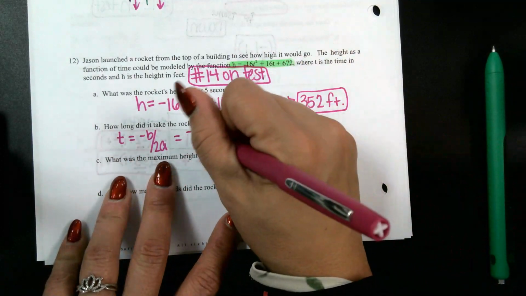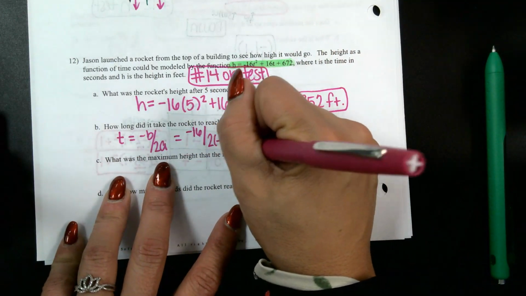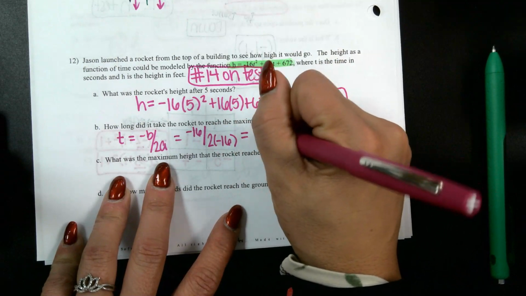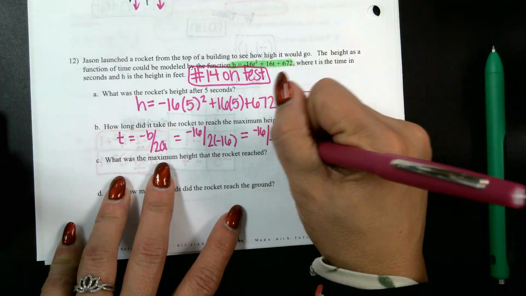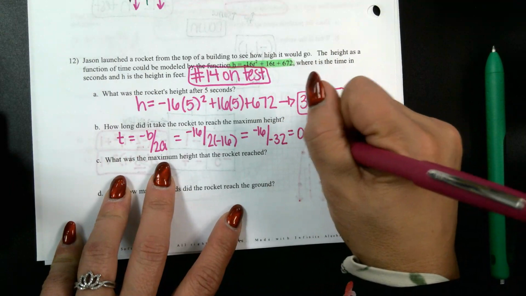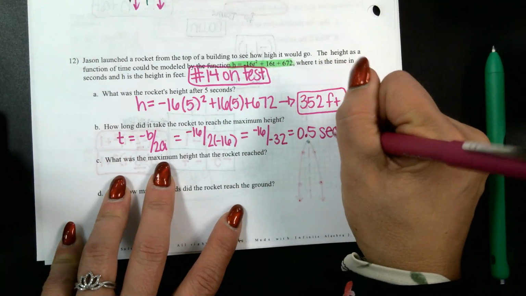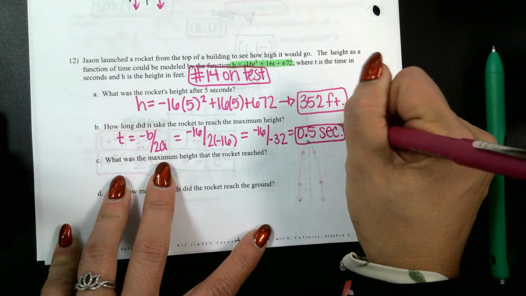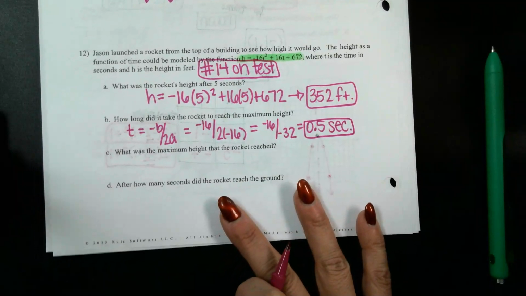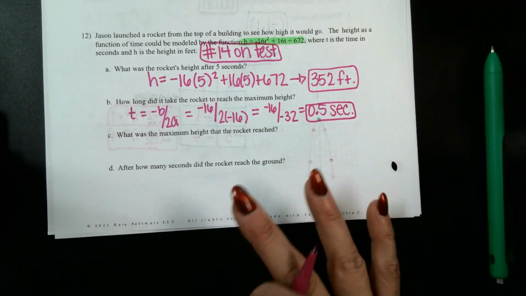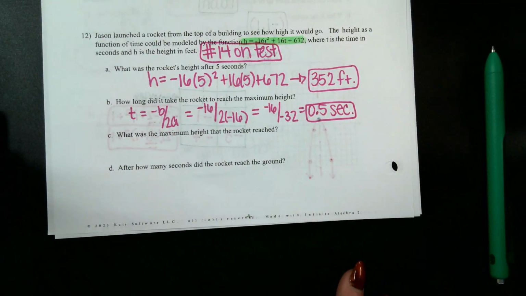And then 2 times negative 16 on the bottom. So you end up taking a negative 16 divided by a negative 32, which is 0.5. And that's in seconds. And we talked about that the other day, about how something taking like half a second to reach max height makes sense.